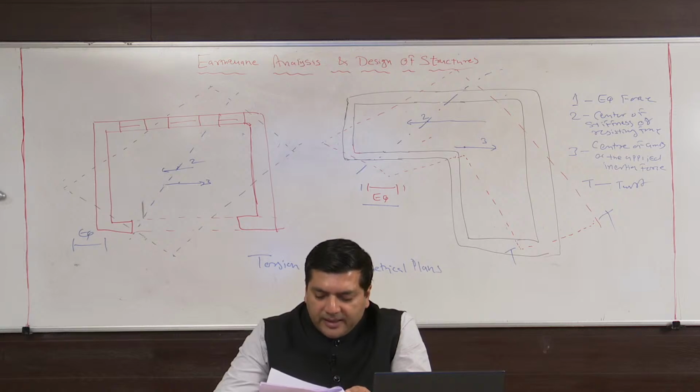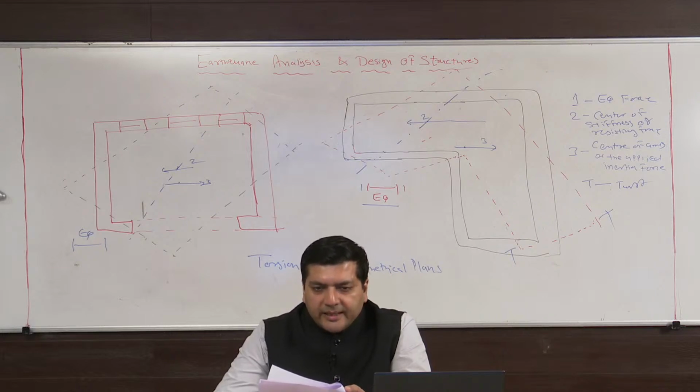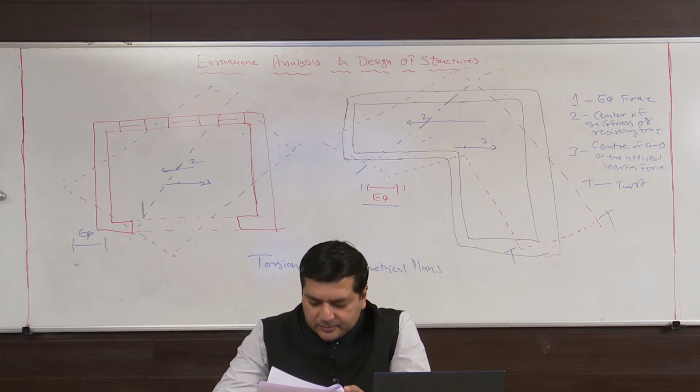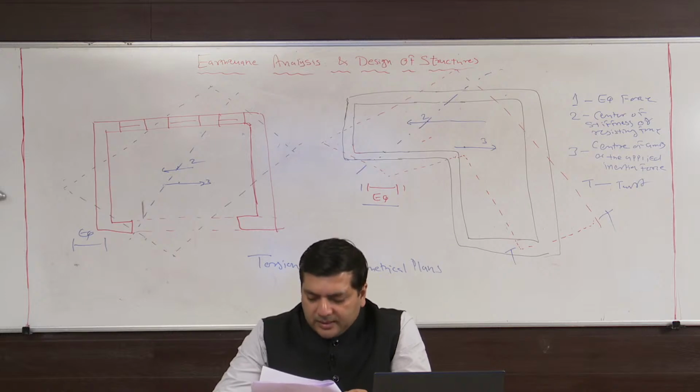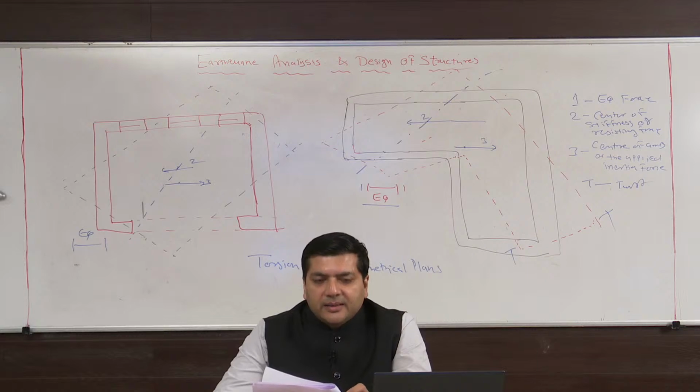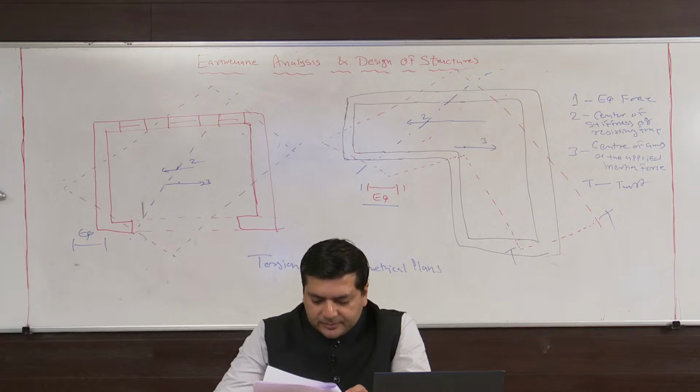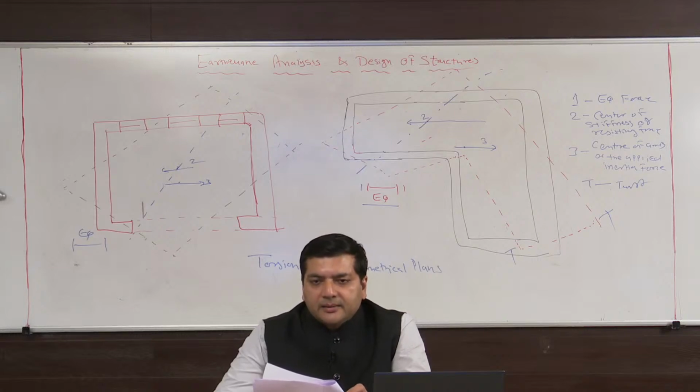I will read it once again. While designing the building for earthquake resistance, attempt should be made to locate the building masses and structural elements uniformly in the layout, so that the distance between the center of mass and center of stiffness, that is static eccentricity, is as minimum as possible or as maximum as possible?